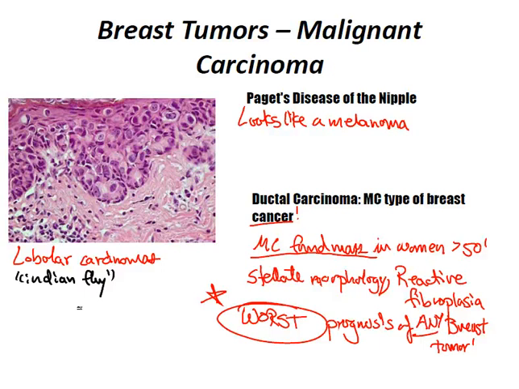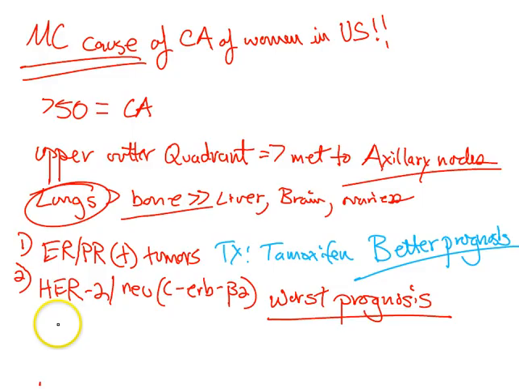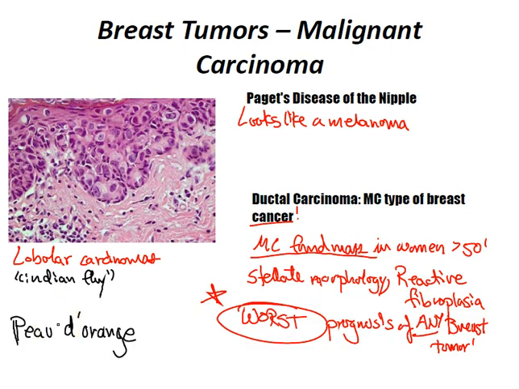So you're going to get a dimpled, this is a buzzword, peau d'orange, or orange peel appearance, with inflammatory carcinoma.